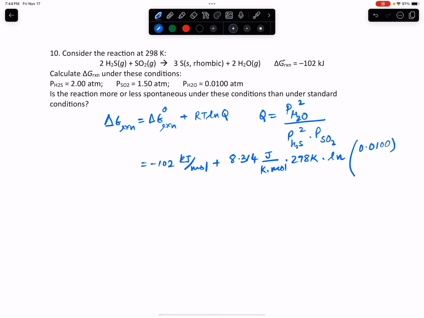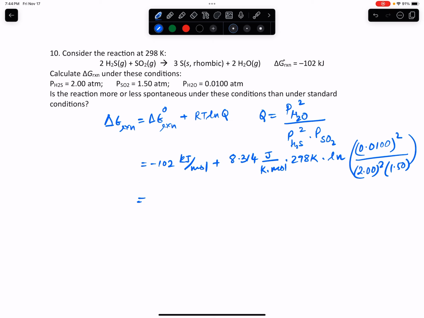0.0100 squared over 2.00 squared times 1.50. Now, because we have joules here, we have to convert to joules first.